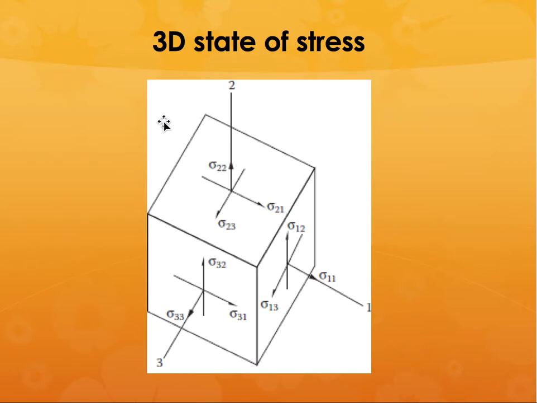So if you have an overall component, you have this three-dimensional state of stress. Now most of the time many of these stresses will turn out to be symmetric, so you can just not consider them, or some of these properties will be the same as in the other directions and so on. But assume that it is not the case.